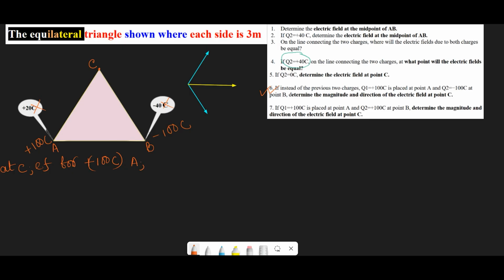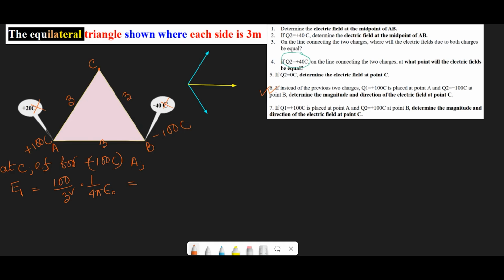So at A point, positive 100 coulomb, electric field at C will be E1 equals 100 coulomb, and obviously the distance 3 as these are equilateral triangle distances. So obviously this will be 3 whole square, and obviously the constant 4 pi epsilon naught.